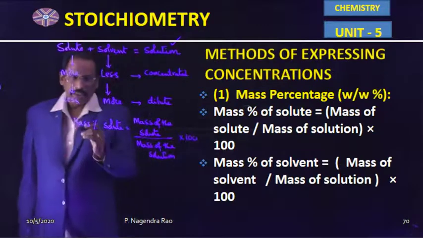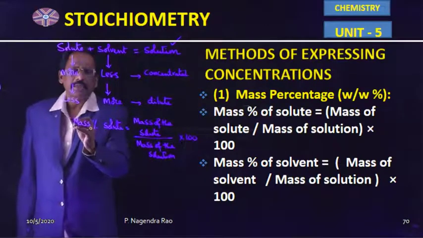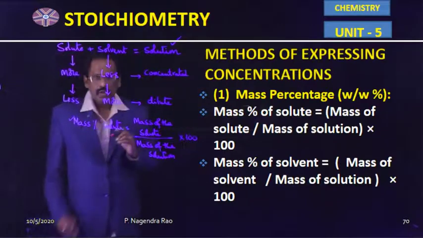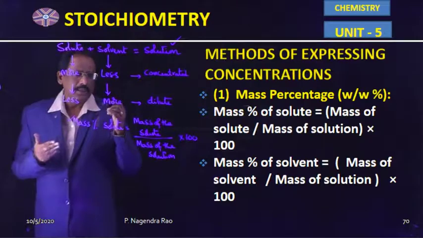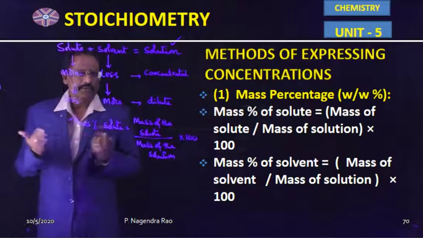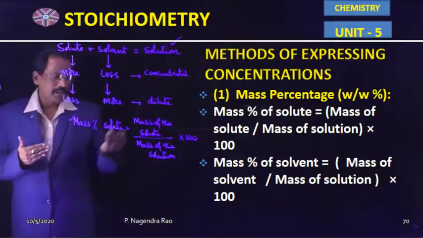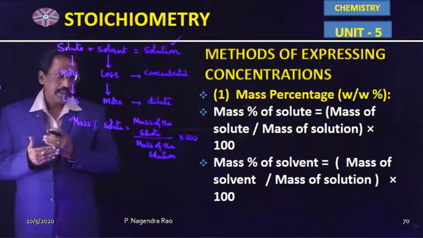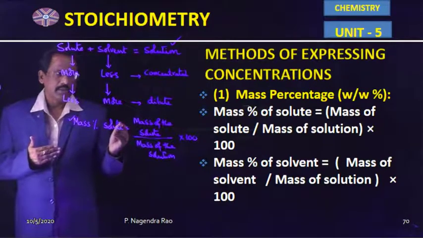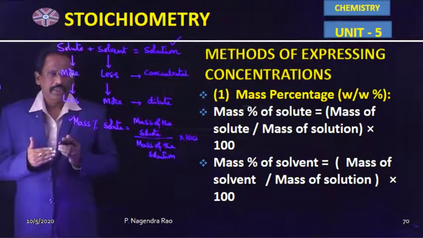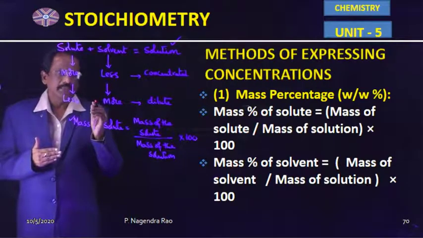Or if you want to calculate the mass percentage of the solvent, the formula is mass of the solvent divided by mass of the solution into 100 gives the mass percentage of the solvent.